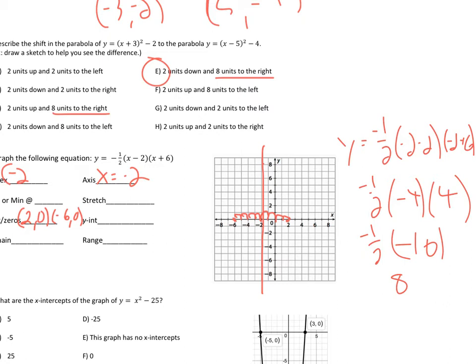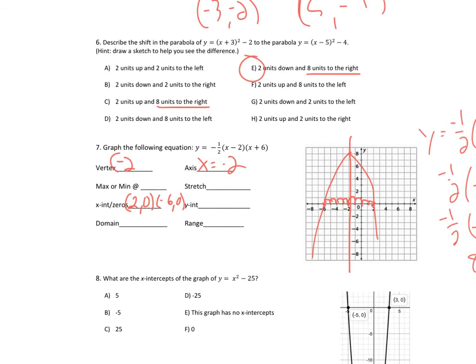So we're at (-2, 8), which, as we connect our points, also gives us some other information. So the vertex is at 8.